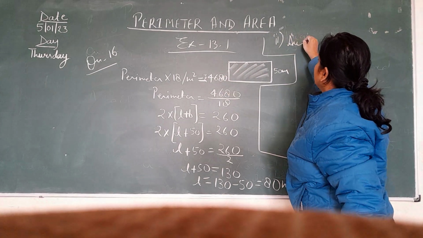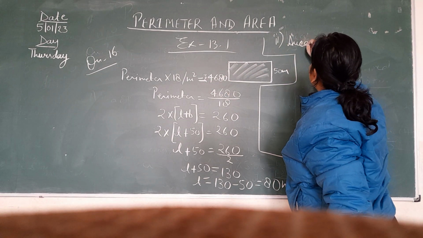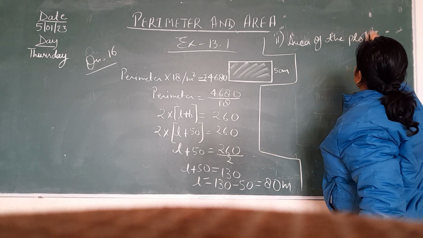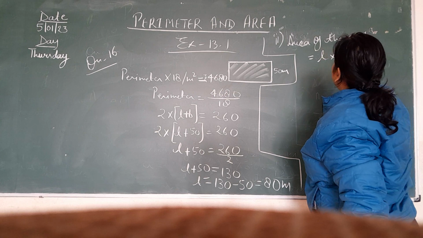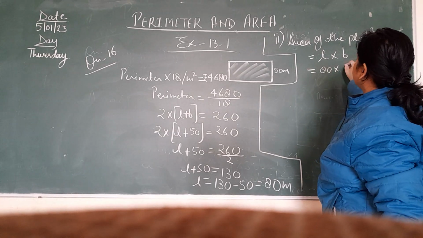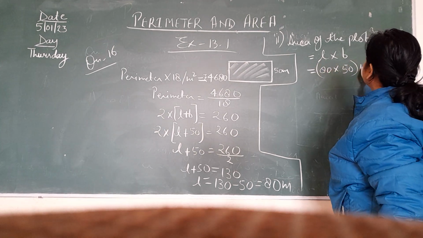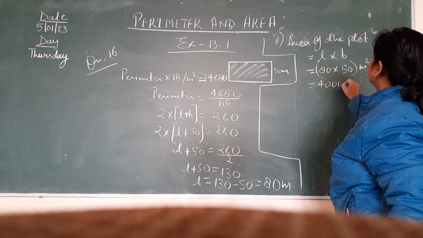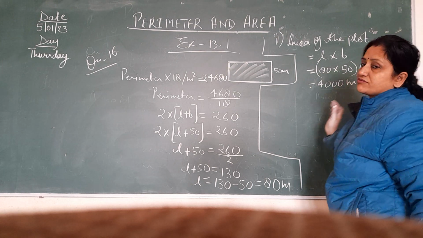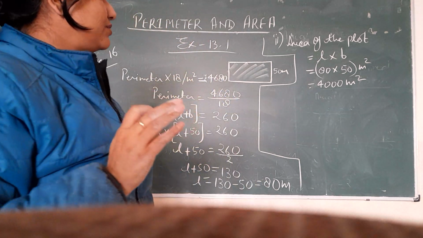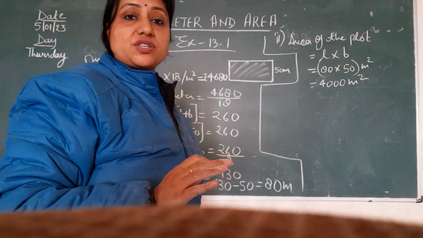So area of the plot is equal to L into B, L is 80 and B is 50. Both are in meter square. 8 5s are 40, so 4000 meter square. So the area of this rectangular plot is 4000 meter square.